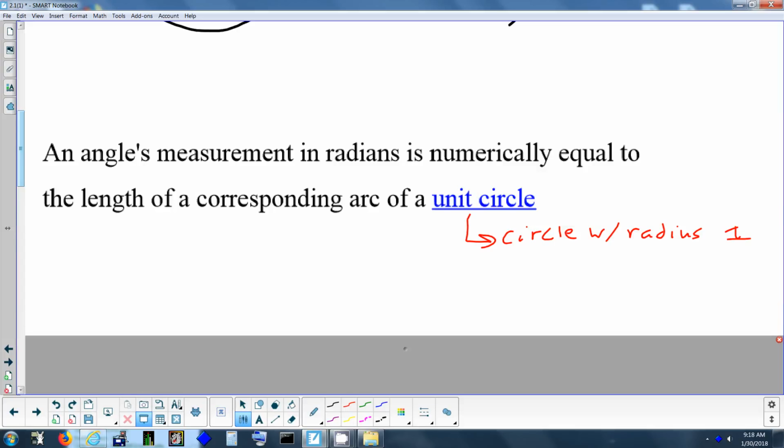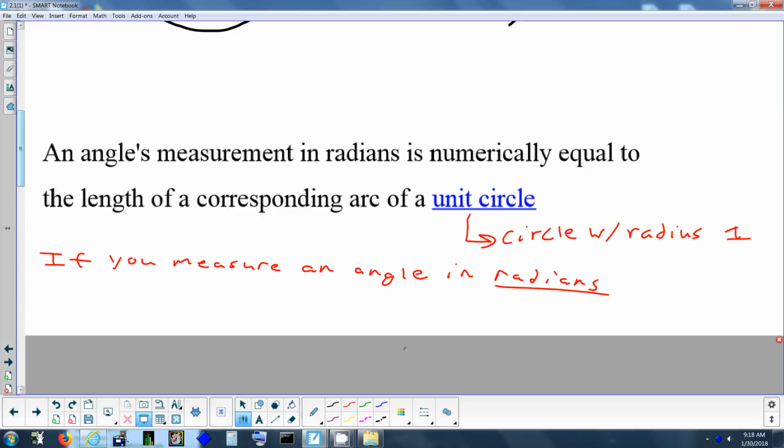Okay, so another way I can word that is I could say, if you measure an angle in radians, then write that number down. And then you measure the length of an arc using a piece of string. And then you write that number down.